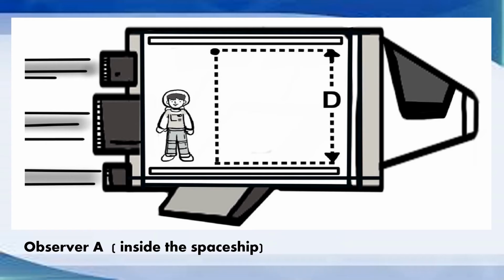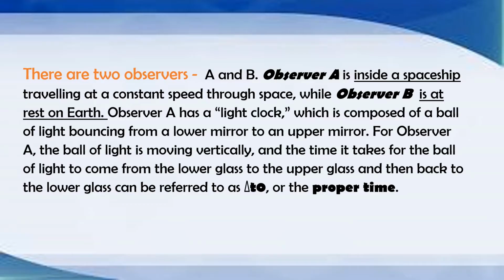Okay, if you look at this, there are two observers, A and B. Observer A is inside the spaceship, traveling at a constant speed through space, while observer B is at rest on Earth.